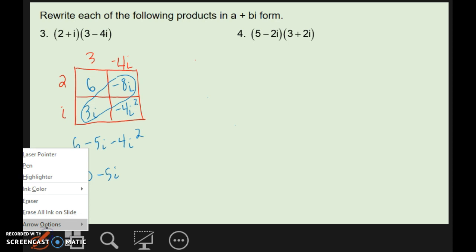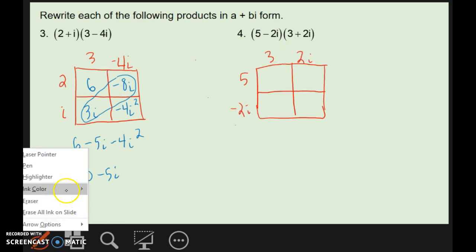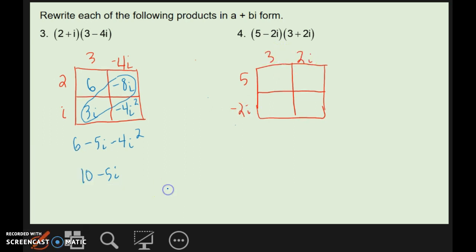The second one's very similar in structure, and the result's going to be a little bit different, but it's the same basic idea. We're going to take 5 minus 2i times the quantity 3 plus 2i. And so when we do that, filling our boxes out, we're going to have 15, negative 6i, positive 10i, and negative 4i squared.